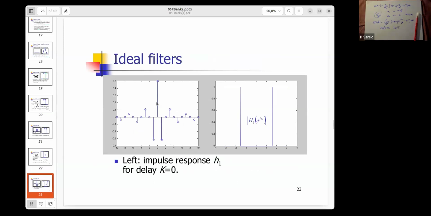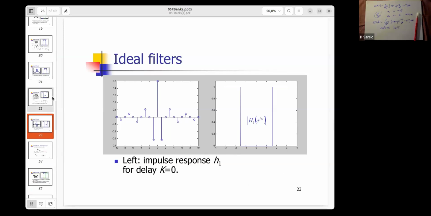The even samples remain the same sign, and the odd samples change their sign. Okay, so it would be difficult to exactly realize ideal filters, but of course, on our slide, it works fine.